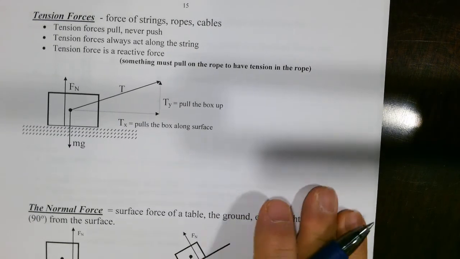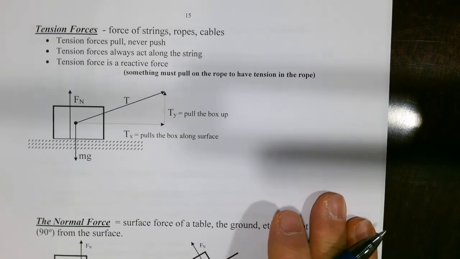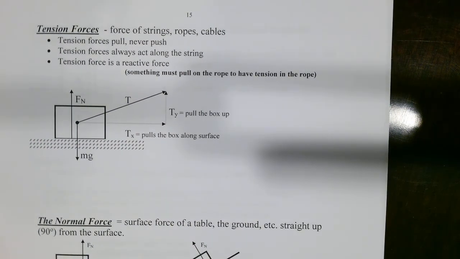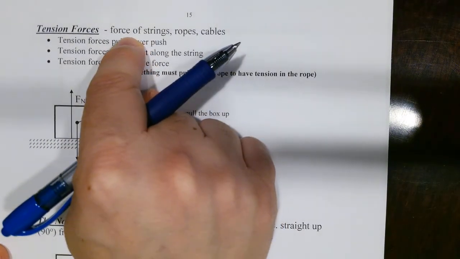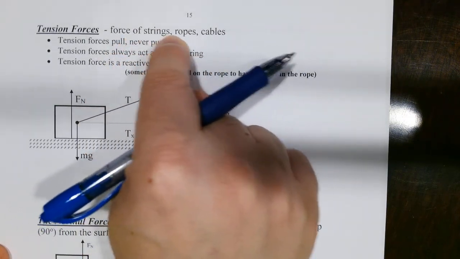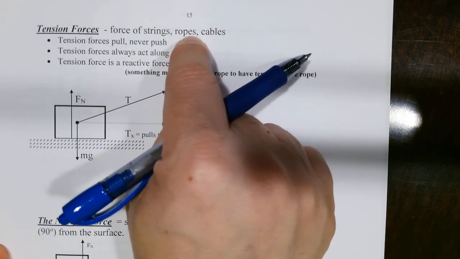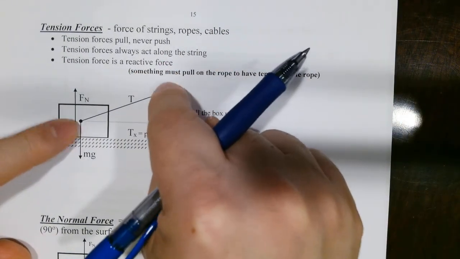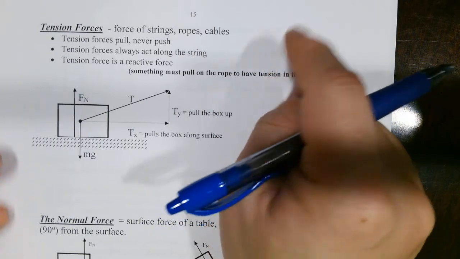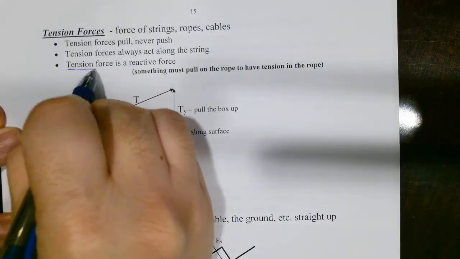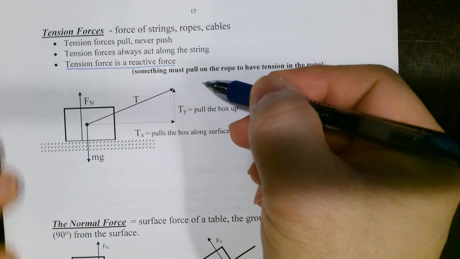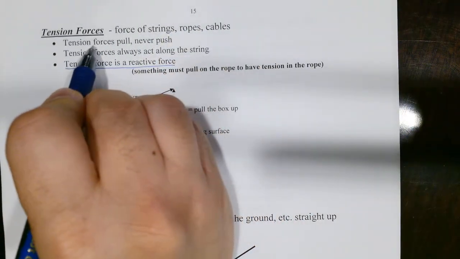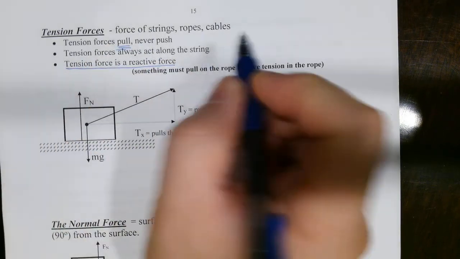Another common force that we should be familiar with is called tension forces. Now, tension forces happen through a string or a rope or a cable when you pull on it. Tension is a reactive force, which means it only happens when you pull on a string or a cable or a rope. So, tension force pulls, it never pushes.